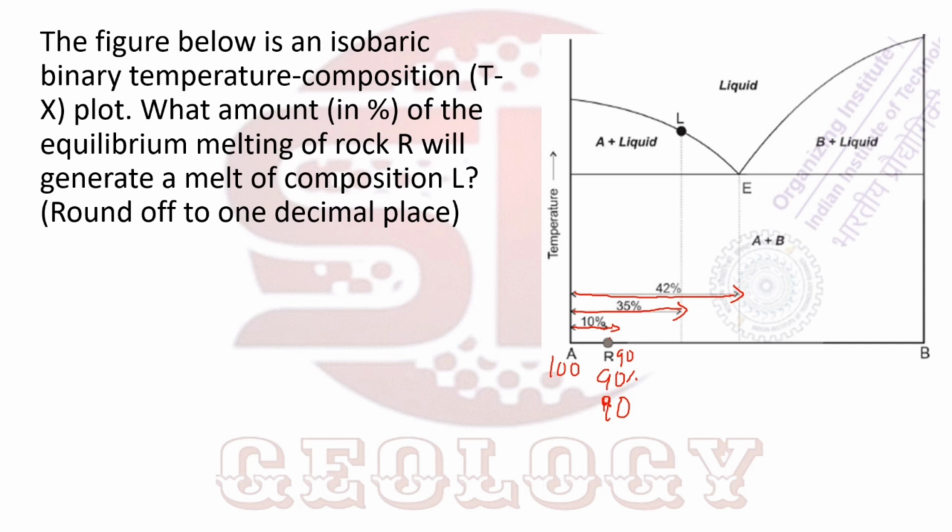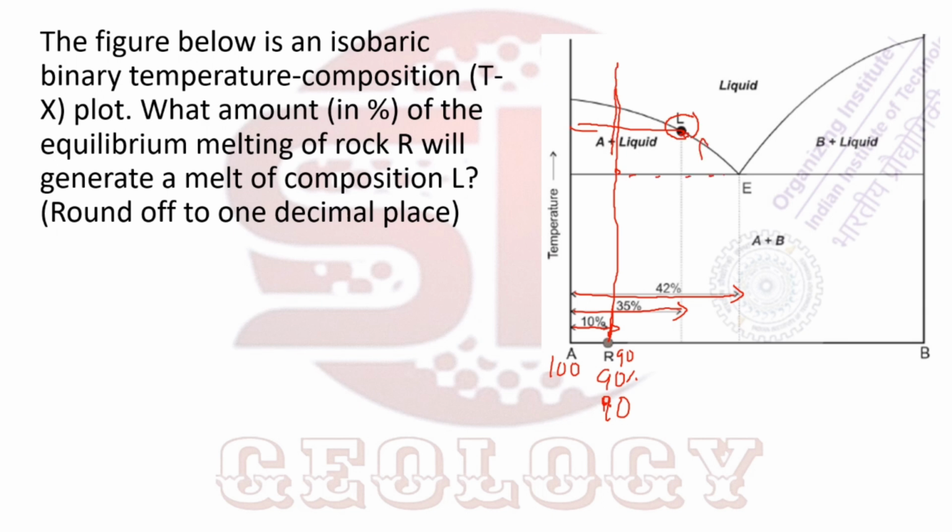The equilibrium melting of rock R will generate a melt composition L. You have to calculate the percentage of melt at the L point. It starts melting from this point, then moves like this to this point.